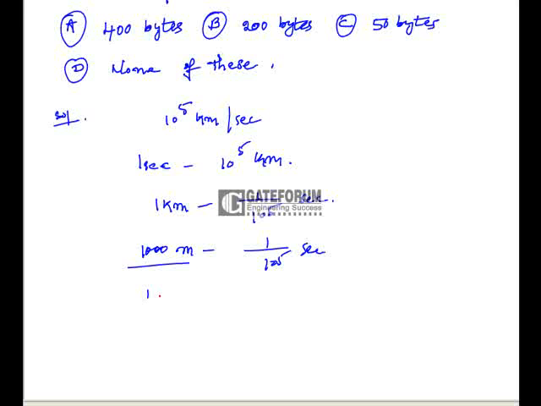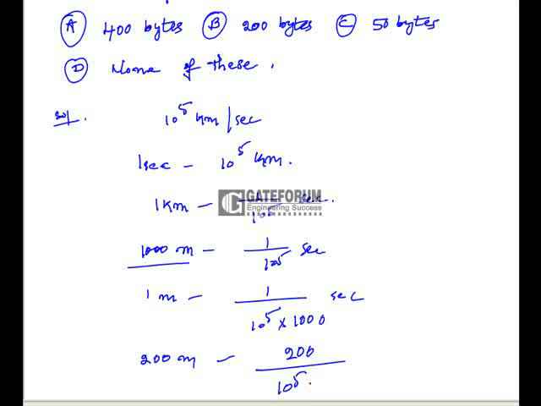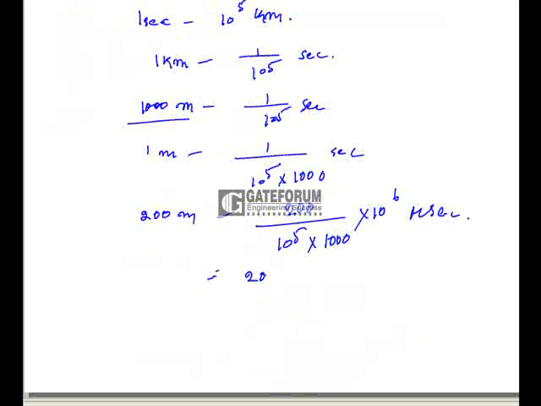So for 1 meter, 1 by 10 power 5 into 1000 seconds. For 200 meters, because the network is 200 meters in length, it is 200 by 10 power 5 into 1000 seconds. We can convert into microseconds. So it will be 200 into 10 by 1000, which is 2 microseconds.